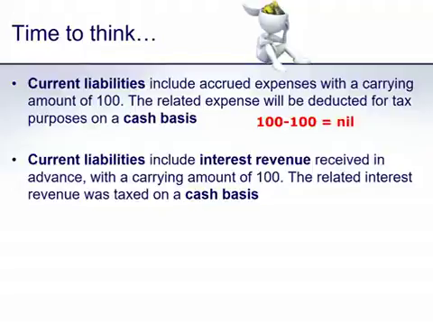In this case, the definition of the tax base of income received in advance is the carrying amount of the income received in advance less any amounts that will not be taxable in future periods. So if the carrying amount is 100, we've already paid tax on 100, therefore the tax base is the 100 carrying amount less the 100 that has already been taxed and therefore will not be taxable in future, which gives us a tax base of 0.